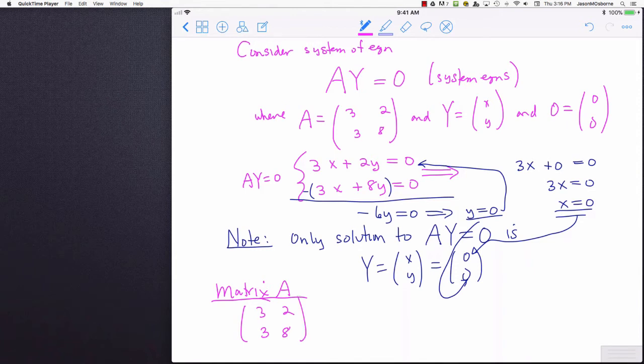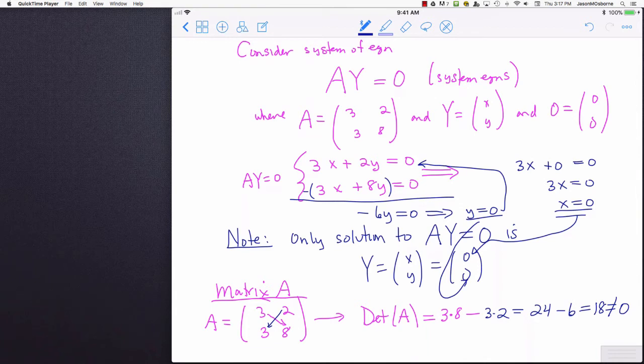If you take the determinant of A, you take the product of the diagonal elements, 3 times 8, and subtract the product on the off diagonal, 3 times 2. You get 24 minus 6, which is 18, but the most important thing is that it is non-zero.